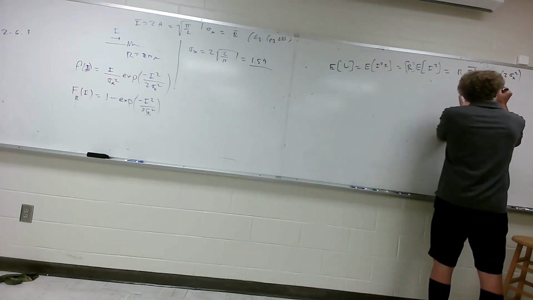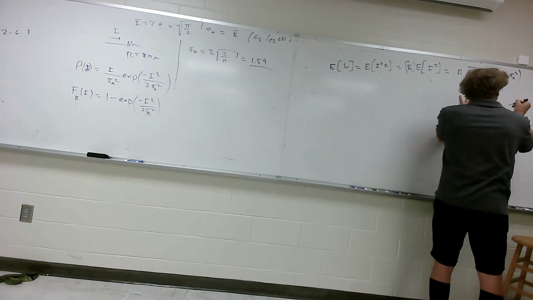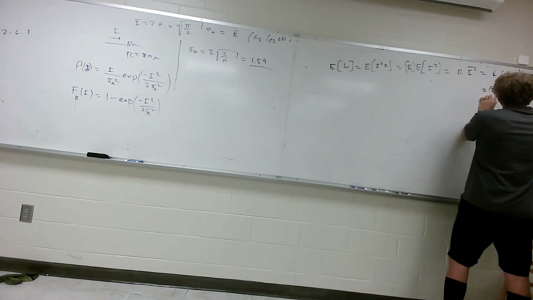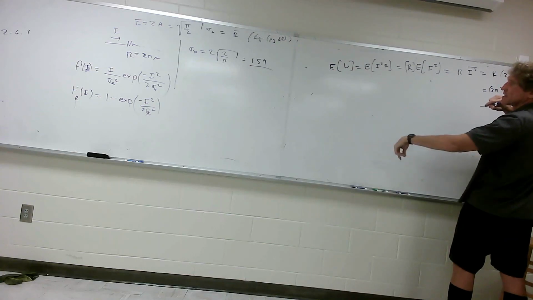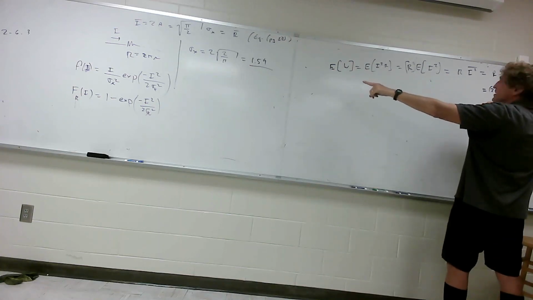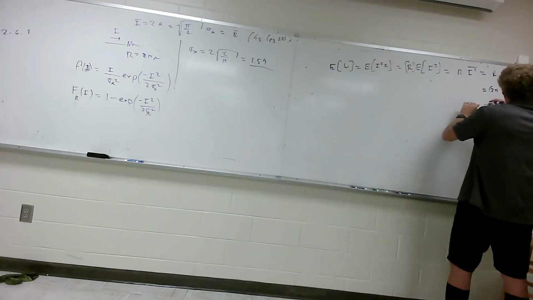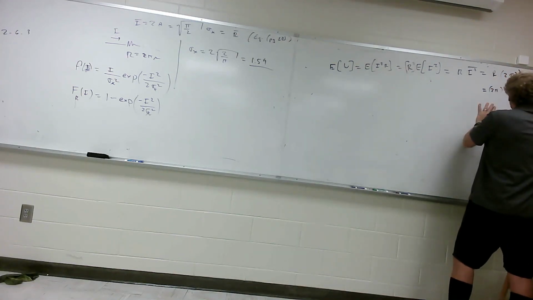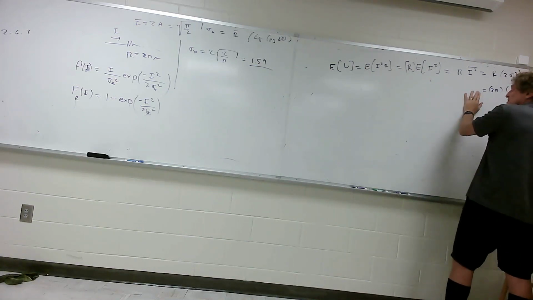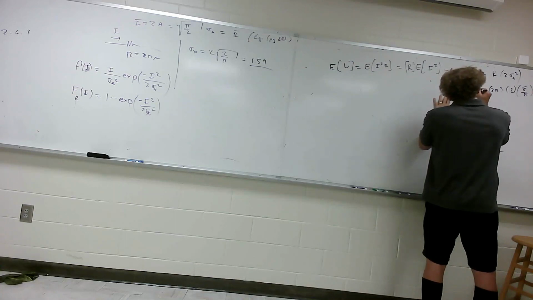So R in this one is 2 pi. Did you say that? Yes. And then I have to put 2, and sigma x is that, and I have to square, so that would be 4 times 2 is 8 over pi. So it's going to be 2, and then 8 over pi. And that should be the expected value of W.